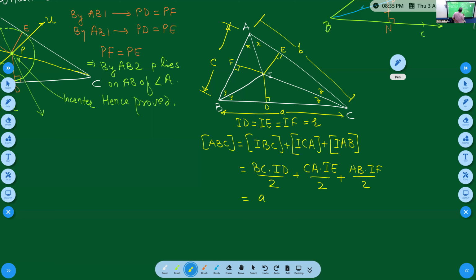BC is small a, ID is r upon 2. CA is small b, IE is r upon 2. AB is small c into r upon 2. We can take r common, inside the bracket a plus b plus c upon 2. We made this bracket in the last lecture. a plus b plus c by 2 is the semi-perimeter, which is s. Delta, the area of triangle ABC, is the inradius into the semi-perimeter.